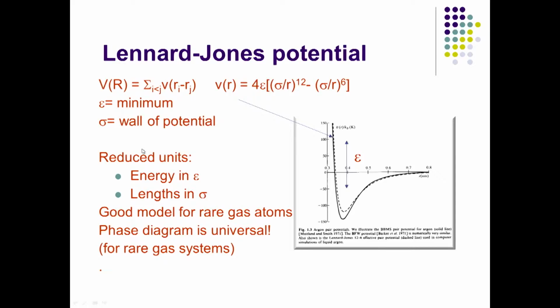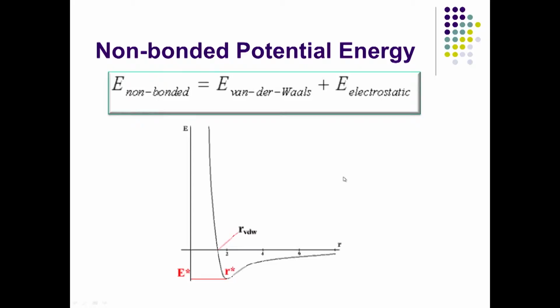If you look at this, we come back to the Lennard-Jones, which is a pair potential, and we have looked at this picture many times, we understand that. Now, if you go to non-bonded, we know that there are two areas in non-bonded. One is van der Waals, where we are looking into the van der Waals radii, at which point the electronic clouds start interacting with each other.